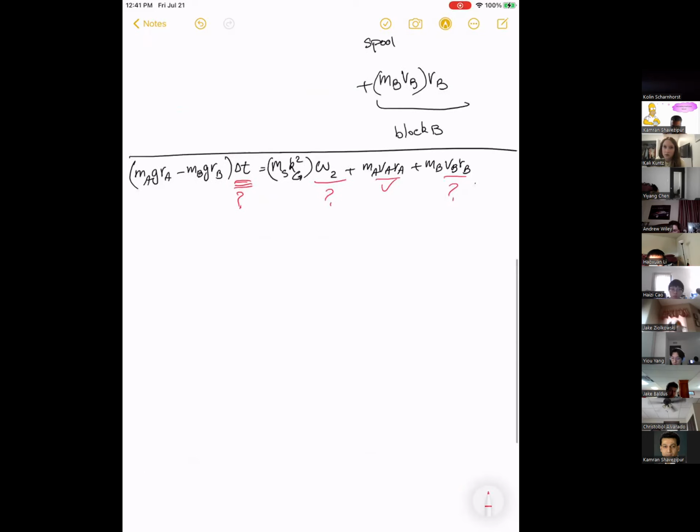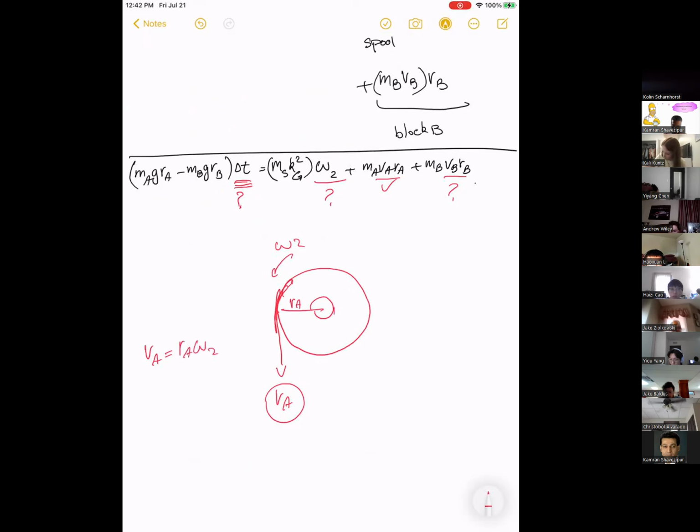Look at this spool here. If this is the spool, and this is the rope going down with velocity of VA, can I relate omega 2 to VA? Because the rope is not going to stretch or shrink, right? So if I do that, technically VA is RA omega 2.